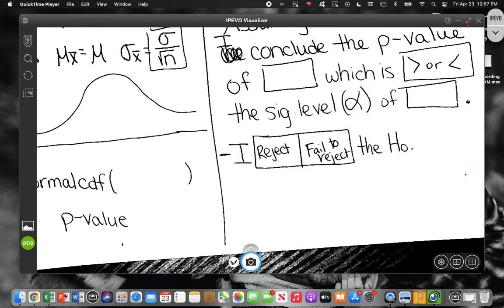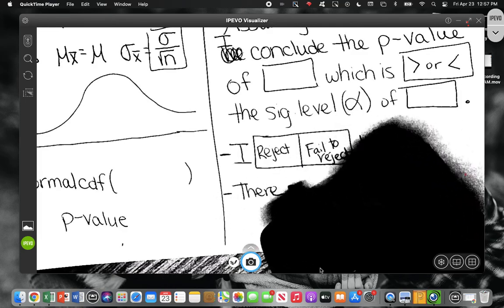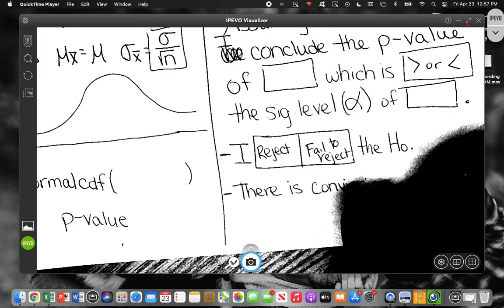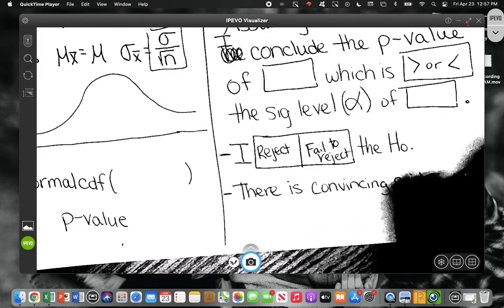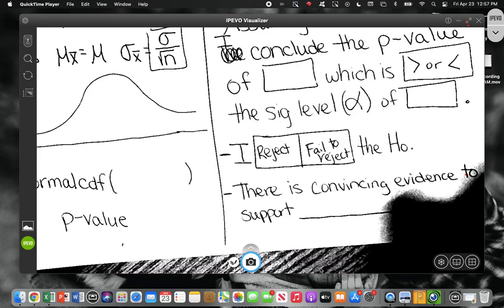And then your last part, you're going to put it in context. We're not going to say it's true, but we're going to say there is convincing evidence to support, and then whichever hypothesis we're supporting.